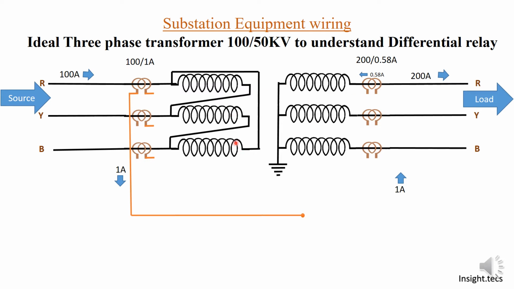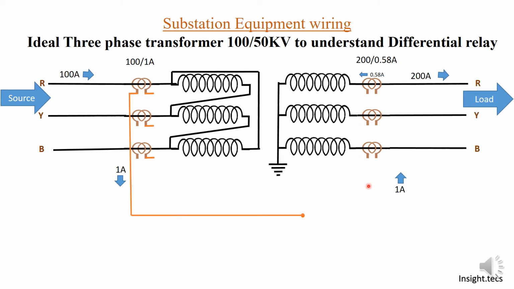But what happens for a 3-phase transformer is, on one side you are having delta connection, on another side you are having star connection. So to match the phase of the current flowing through the primary and secondary side, there is one thumb rule.